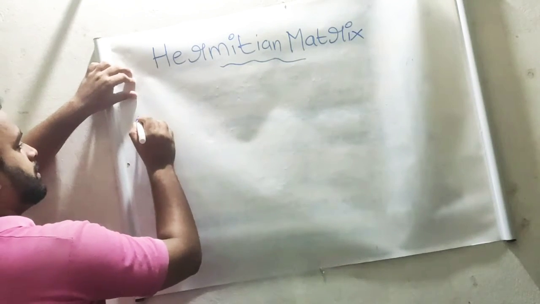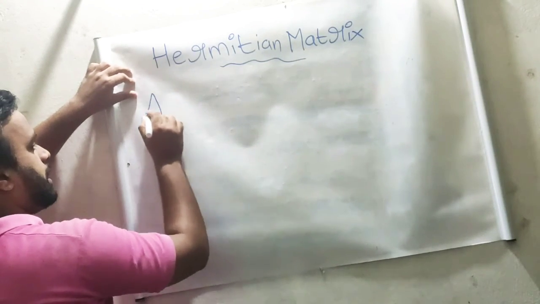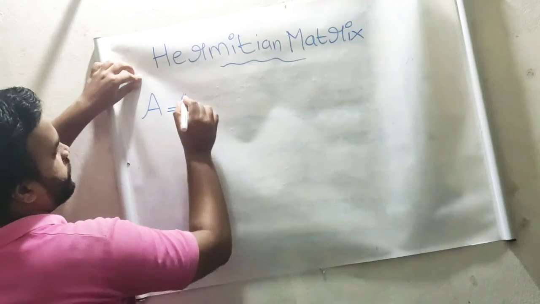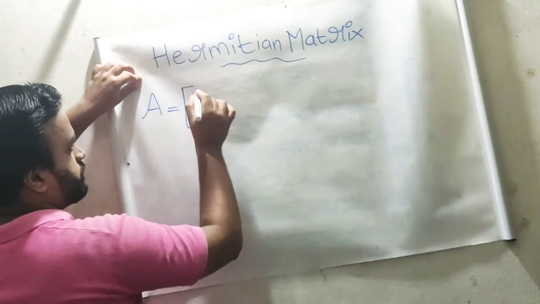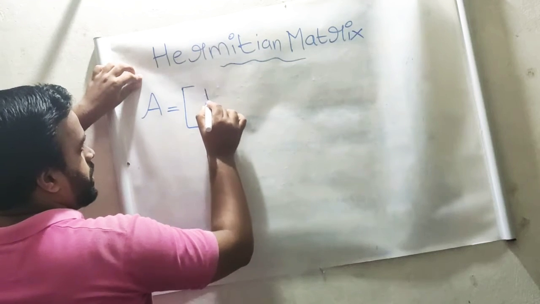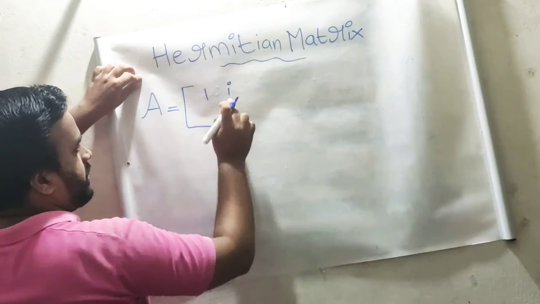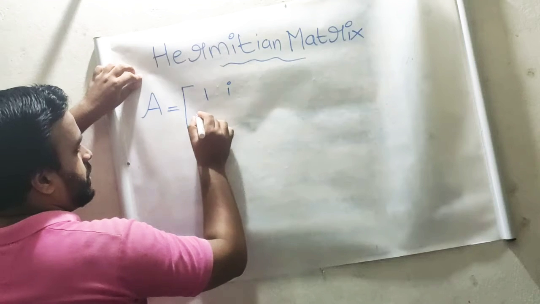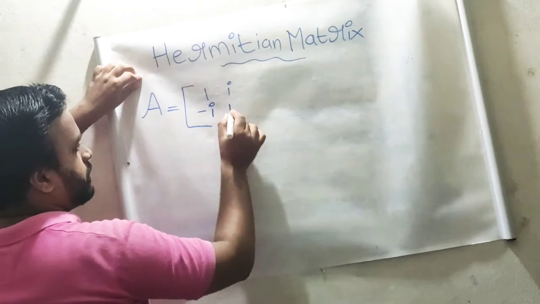Let us consider a matrix A equal to [1, i; minus i, 1].